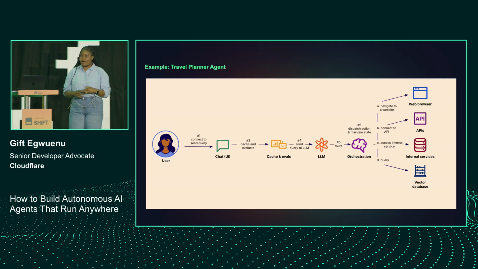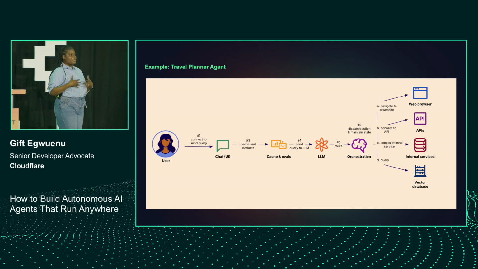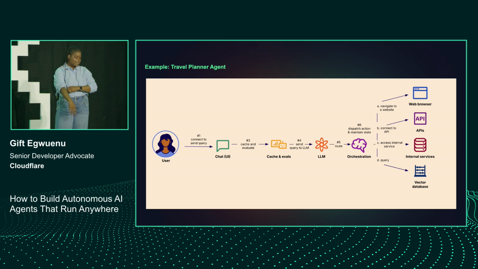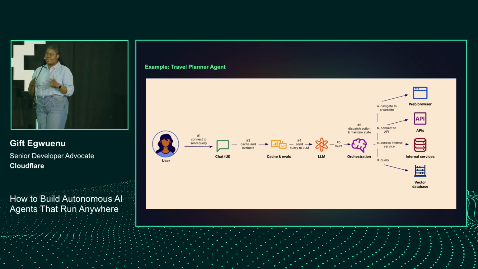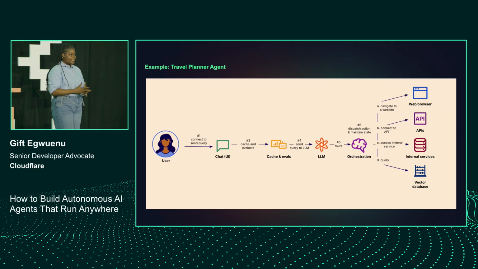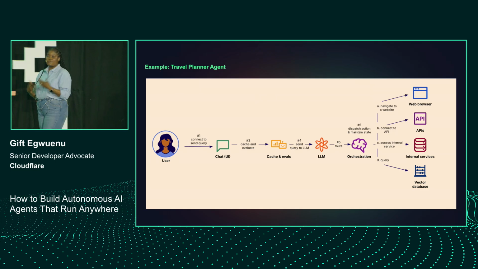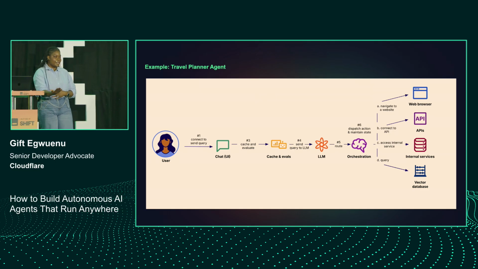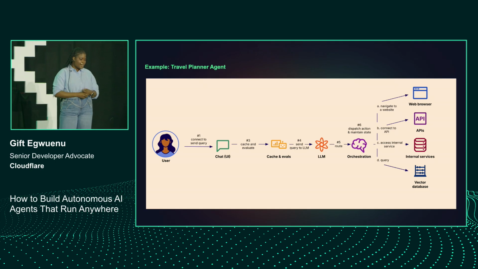So this is how I would typically build a travel planner agent. First, as a user, I would try to use the travel planner. I need a chat UI. If you are trying to interact with an agent right now, it's usually with a chat box, but recently there's also voice, meaning that you can speak to an agent and get the response back. So this could either be chat UI or voice.